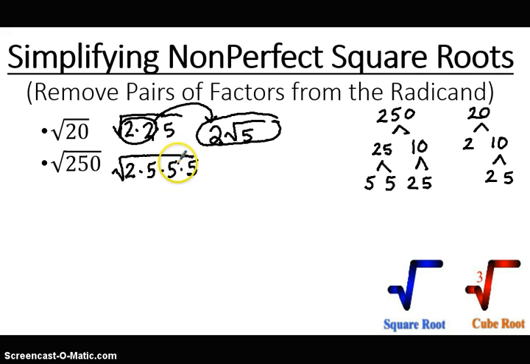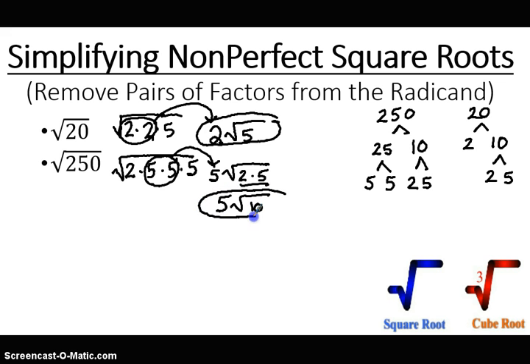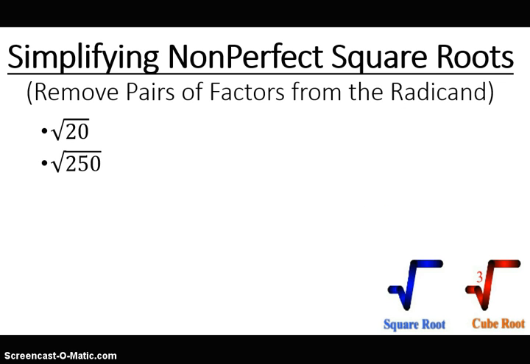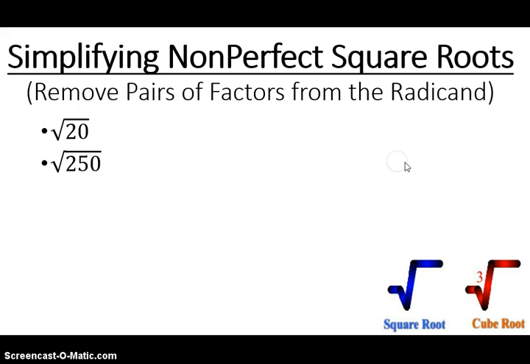Remove any pairs of factors. The only pair we have is 5 times 5, we know that the square root of 25 is 5, so we get 5 times the square root of 2 times 5. And 2 times 5 is 10, so this is 5 times the square root of 10. This is very similar to what we'll do with cube roots.